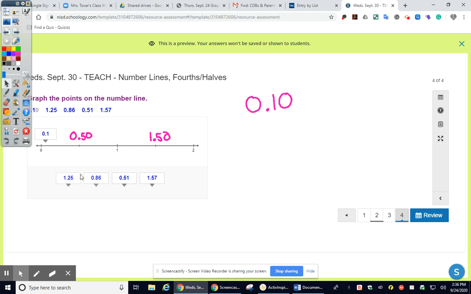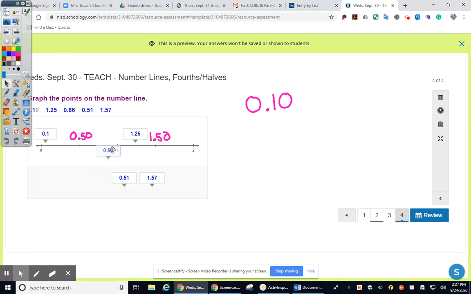Okay, next we have $1.25. We know $1.25 is greater than $1 but less than $1.50. In fact, $1.25, remember 25 is a fourth of $1, so it should be exactly between the 1 and the 1.50. Okay, here is 86 cents. So we know 86 cents is less than $1.